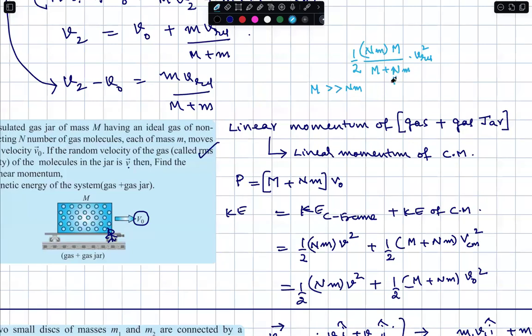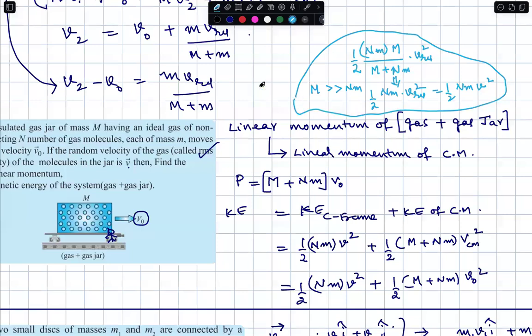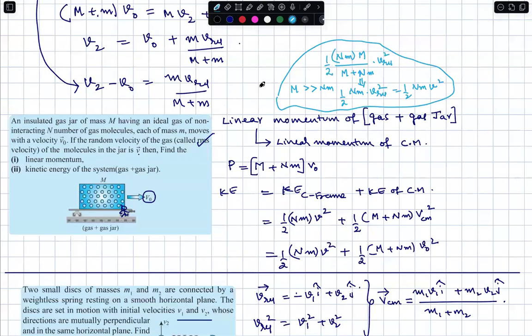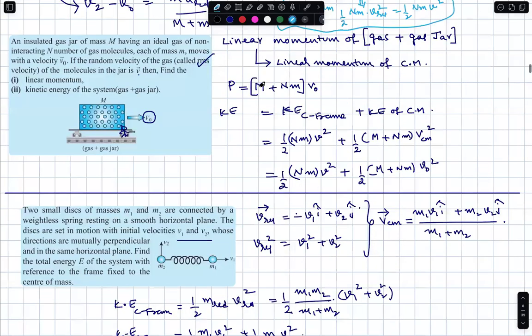So in this case, this will reduce to Nm times V relative square, and that V relative square itself is V square. That's what I have done. Vijay Lakshmi, have I given you a much deeper description now compared to the previous situation? Have you understood now? Yes, sir. Are you still compromising? No, sir. Okay, fine. Thank you.